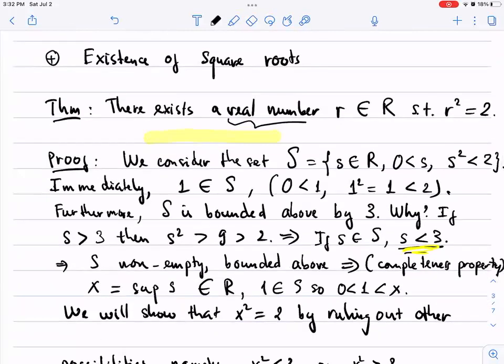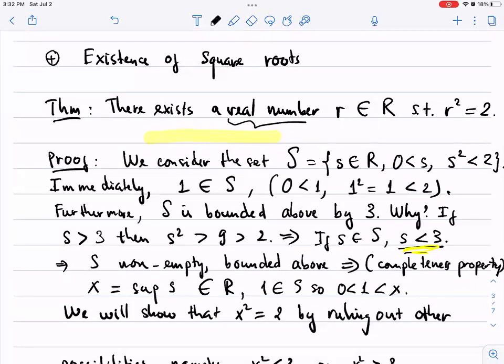Now, the next application of the completeness property is about the existence of square roots. Remember, in a previous lecture, we discussed the set Q of all rational numbers.